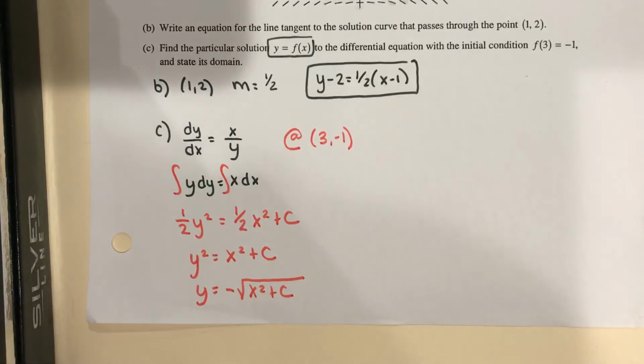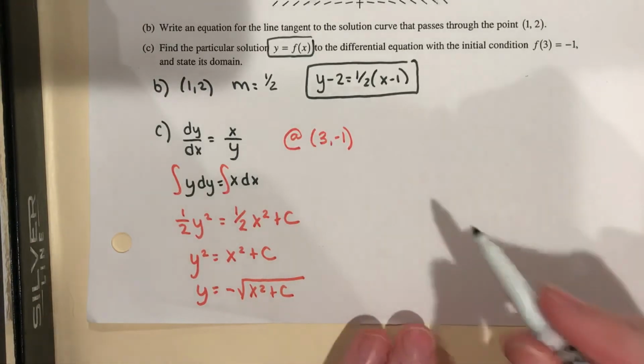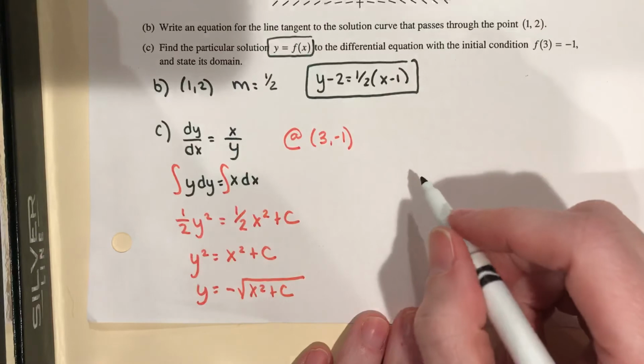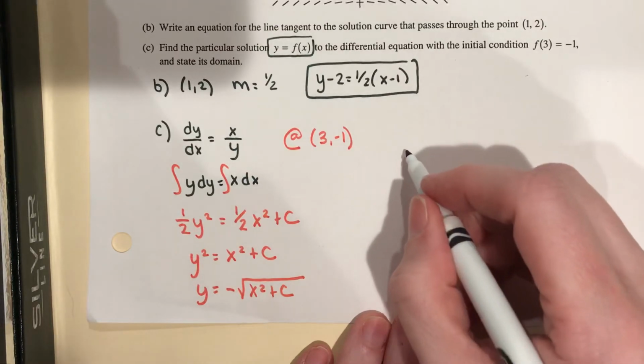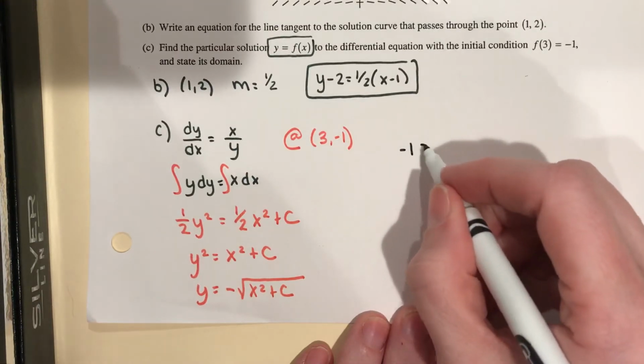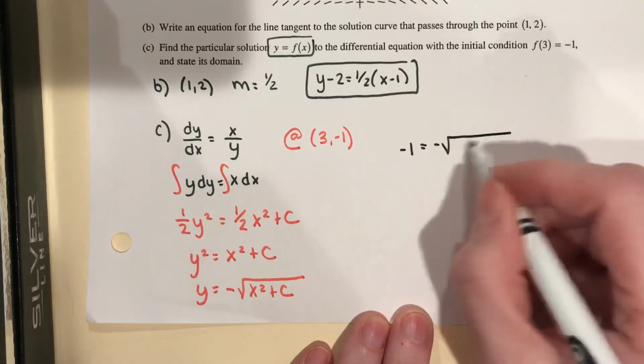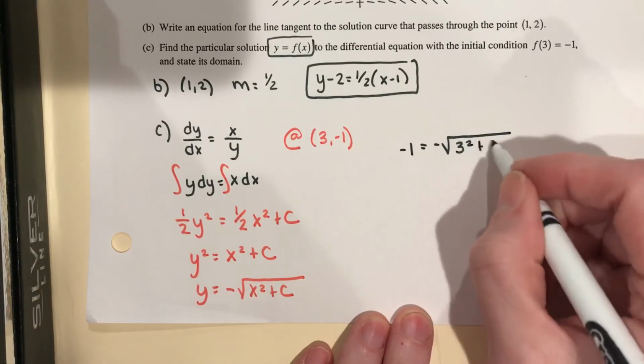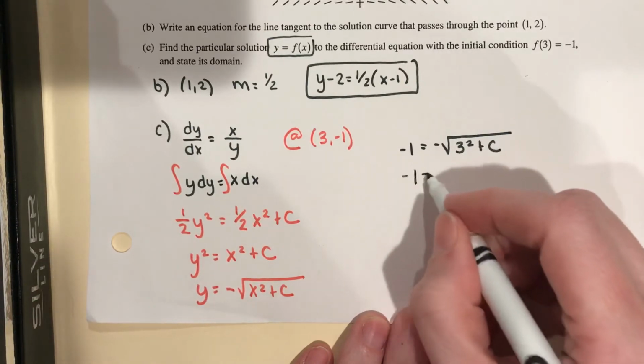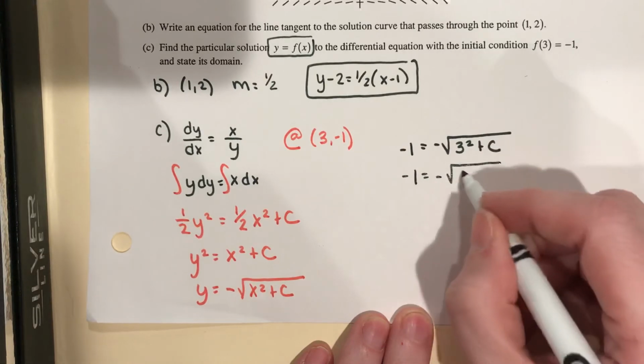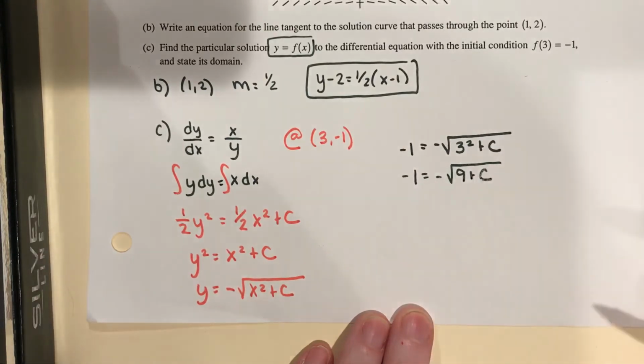Next, I'm going to find my particular solution. So I'm going to plug my points in. I'm going to plug -1 in for y and 3 for x. So that gives me 9 plus c.